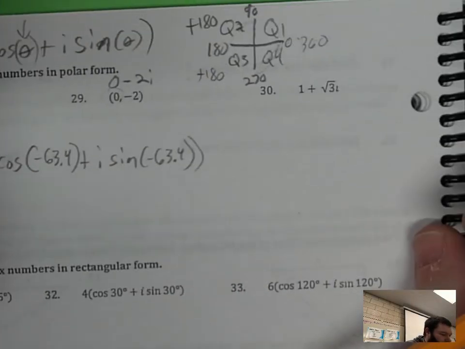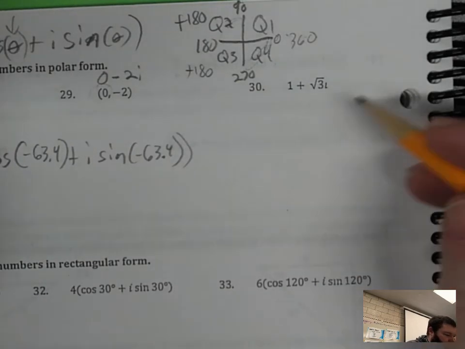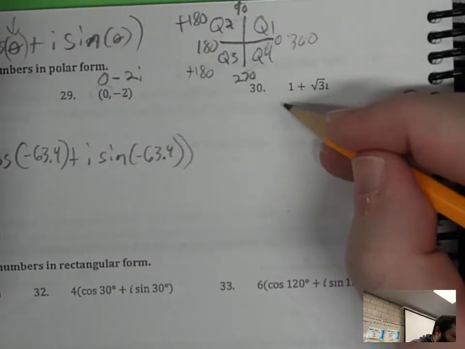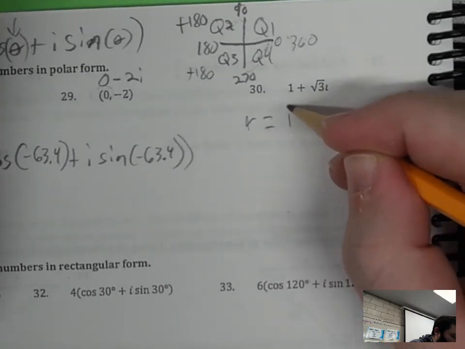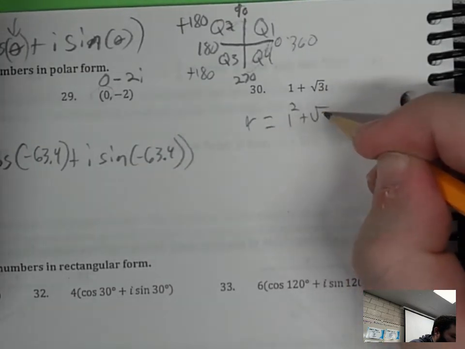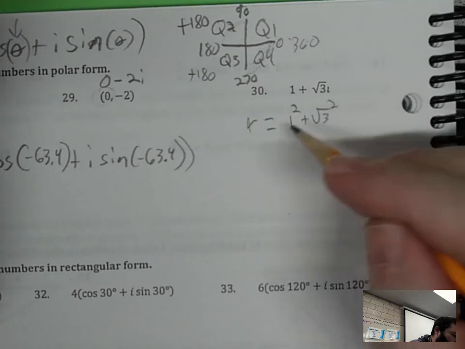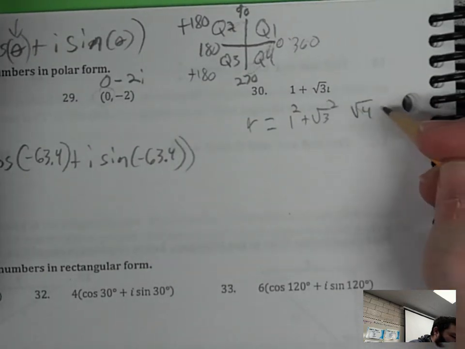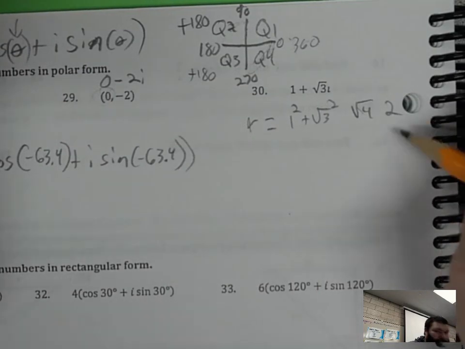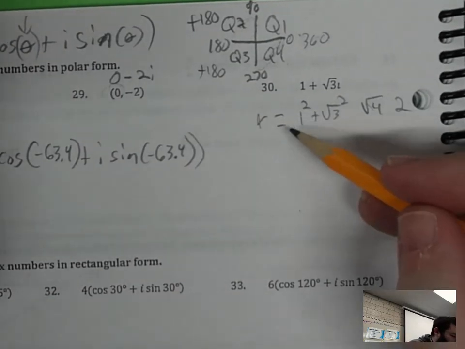Okay? And I'm going to do 30 here real quick. So again, I'm just going to do this super fast. So I would do r is equal to 1 squared plus the square root of 3 squared. That would be 3 and 1, so 4, so it's going to be the square root of 4, which is 2. So my r is 2. Okay?